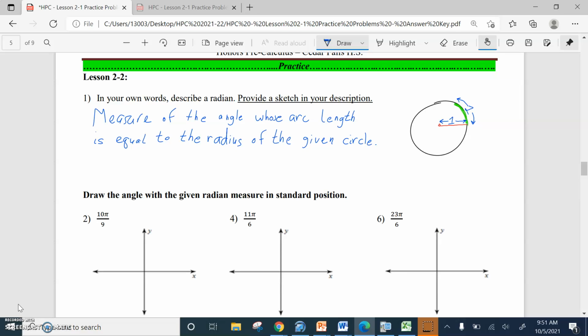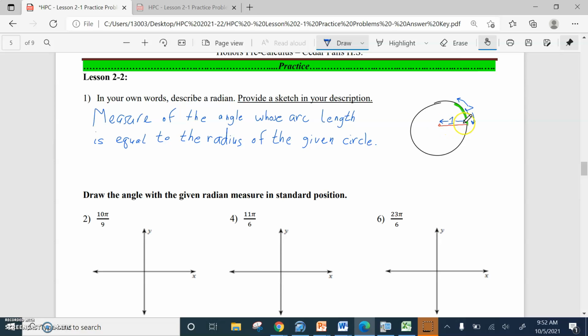But what I would say is a radian is the measure of the angle whose arc length, that green in this picture, the length of this part if you were to walk around the circle, is equal to the radius of that same circle.